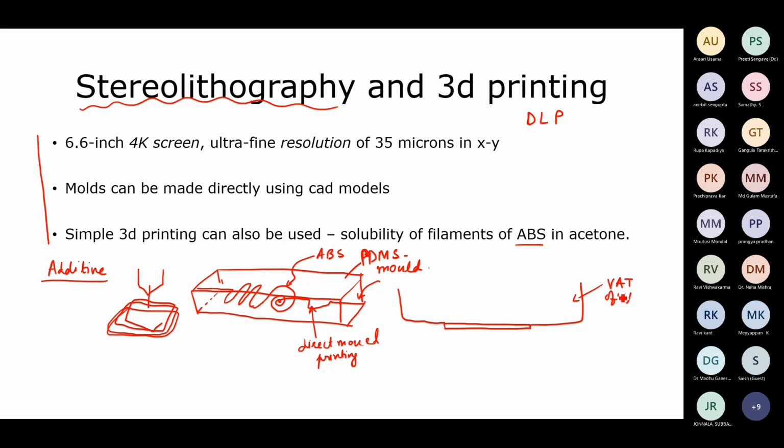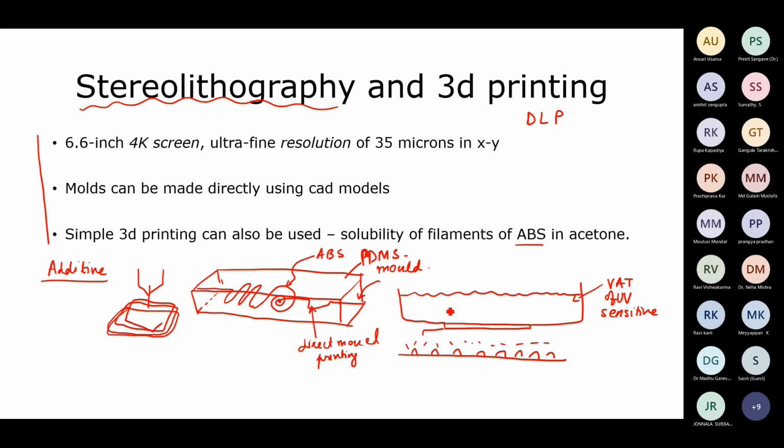So it is a vat of UV sensitive polymer. And below this, there are UV LEDs. So these UV LEDs are always on while this vat contains a liquid.